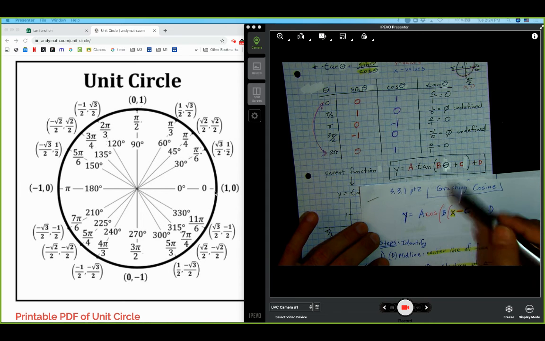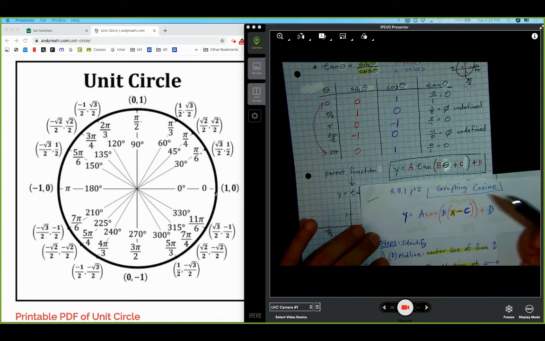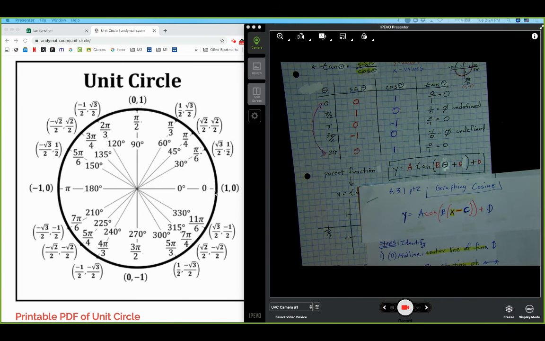This is the tangent function, the parent function ready to be transformed, and we have the cosine function ready to be transformed, moving up and down, side to side, all that. But what is different between the tangent equation and my cosine equation? What's one thing that's different? What do you see?